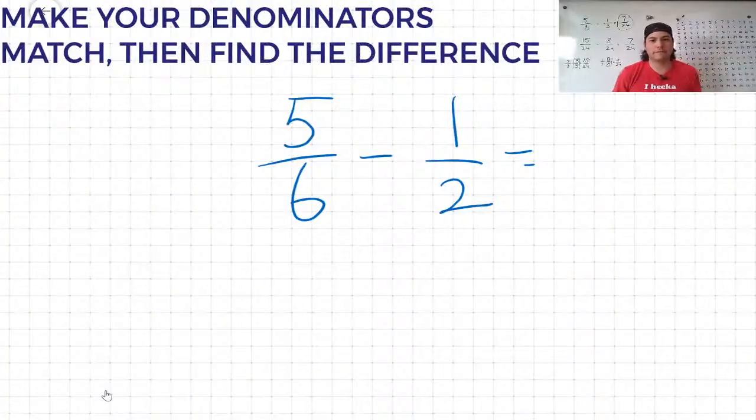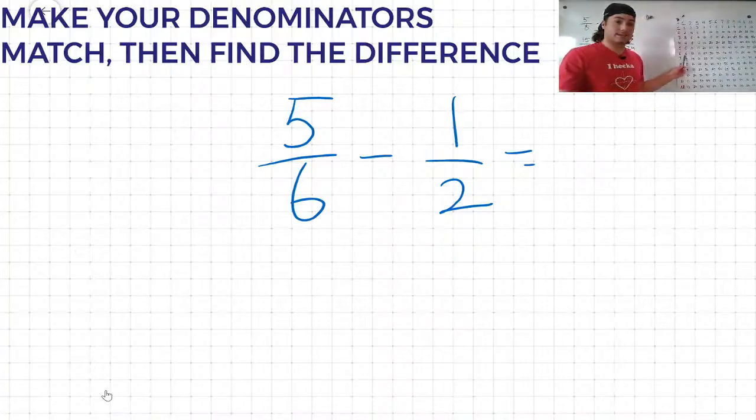Okay. First one here. 5/6 minus 1/2. So think about, and take a look at our, find your denominators, find your 2's row, find your 6's row. What is the smallest number, the number with the least value, that appears in both of those rows?